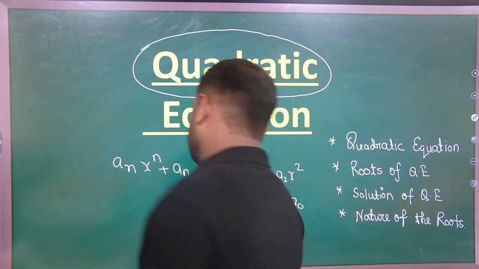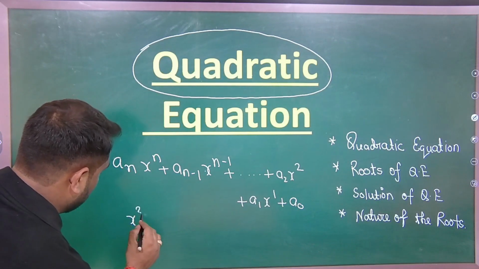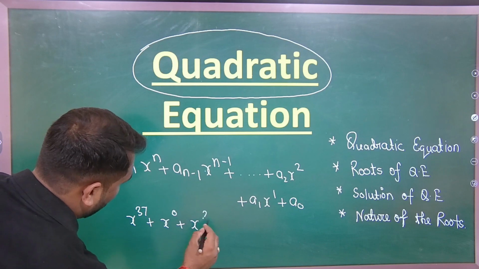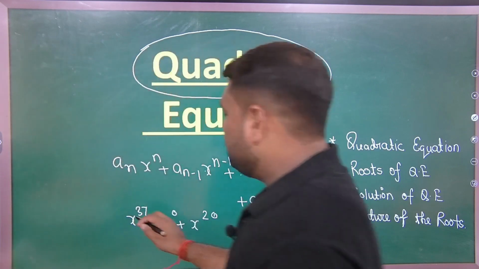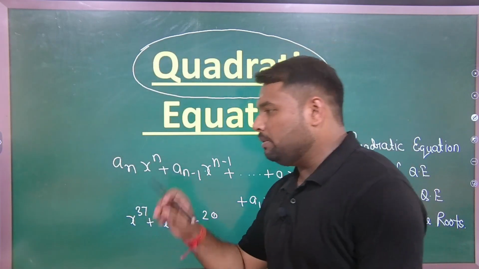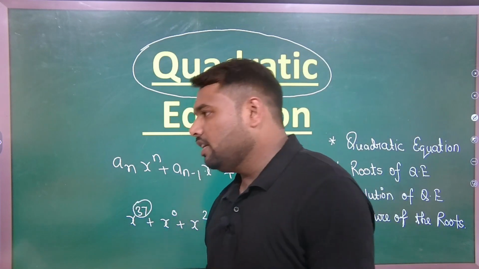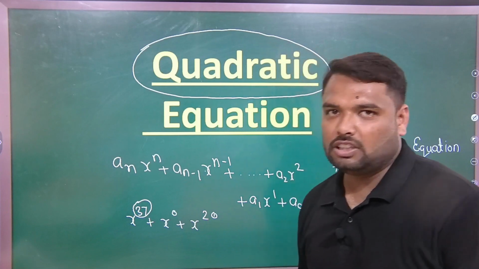If you have a polynomial x^37 + x^0 + x^20, then what will be the degree of this polynomial? The degree will be 37, because the highest power of the variable in this polynomial is 37. Got the point?